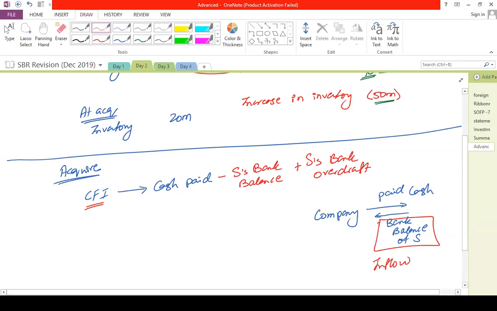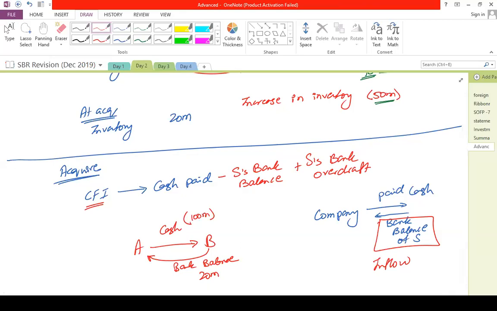Moaba is saying that please repeat this area. Moaba, let's suppose that if A is acquiring a company B, so A will pay cash to company B. And in turn, all of the assets of B will now belong to A. Even the bank balance of B will belong to A. So if we have paid $100 million and the subsidiary's bank balance was $20 million, we paid 100 and we got $20 million in return of the bank.